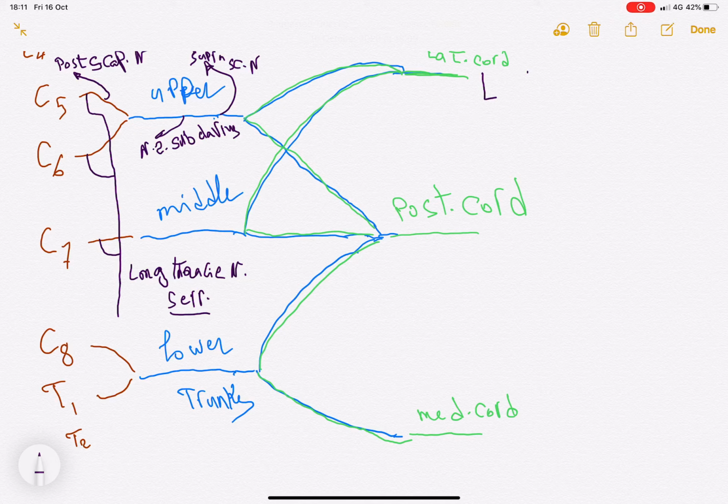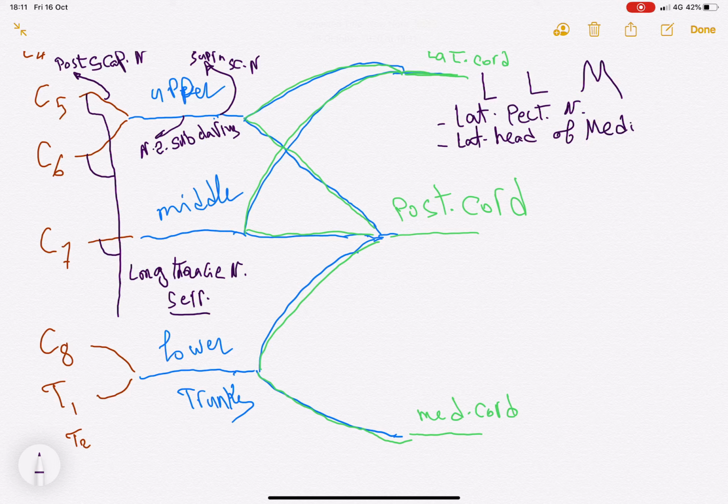So we have L, L, M: lateral pectoral nerve, lateral head of median nerve, and musculocutaneous. Yeah?